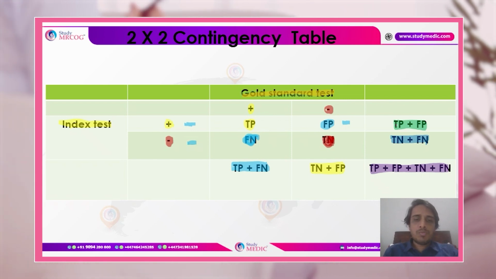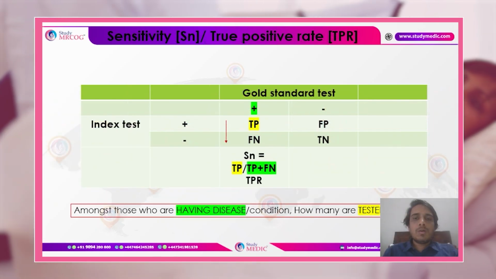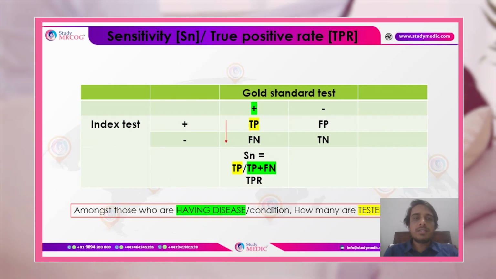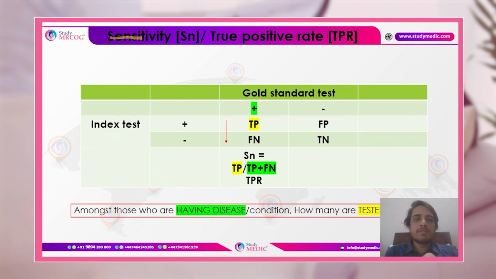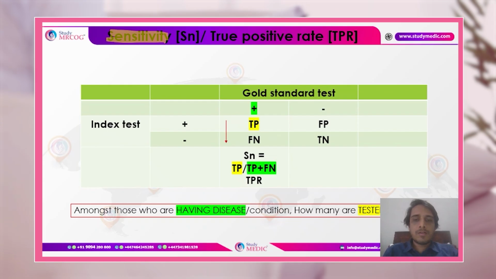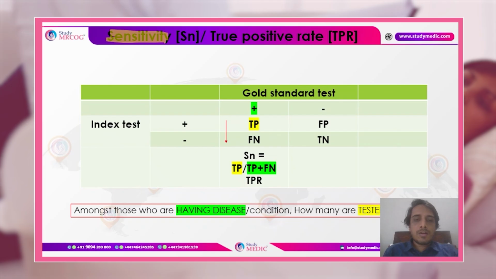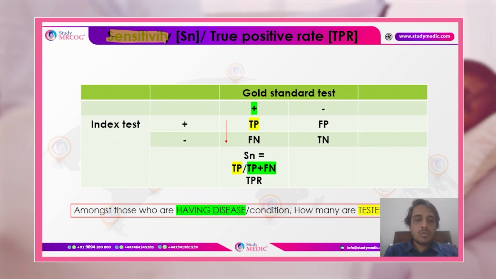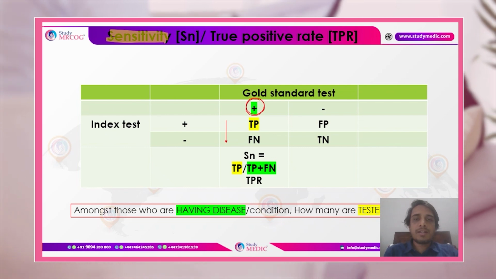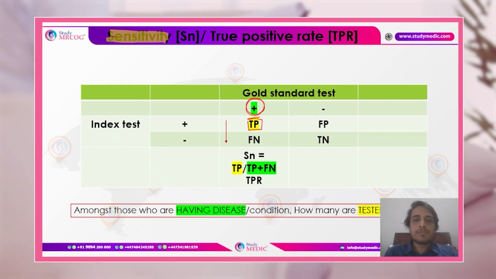Now, once we write the 2 by 2 table, we will understand the diagnostic indicators. So what is sensitivity? Sensitivity means, amongst those who have the condition, how many tested positive?